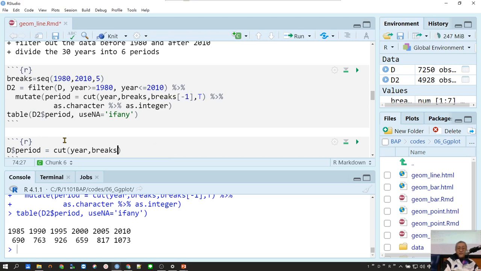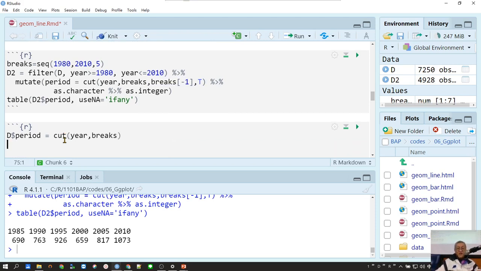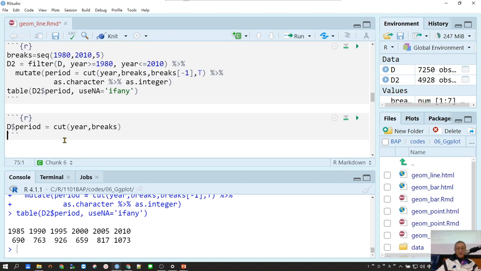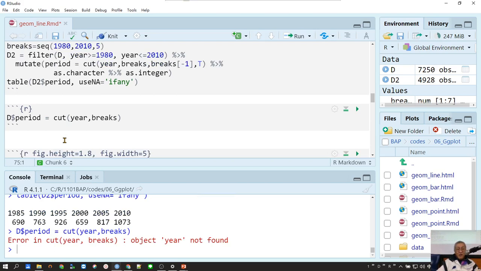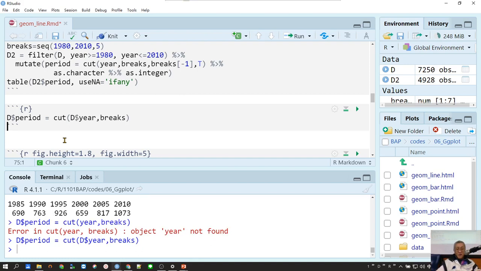I only have blocks, right? So if I simply do a cut, let's see what will happen, okay? Let me do this directly.